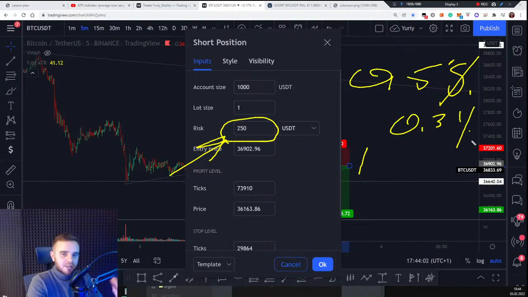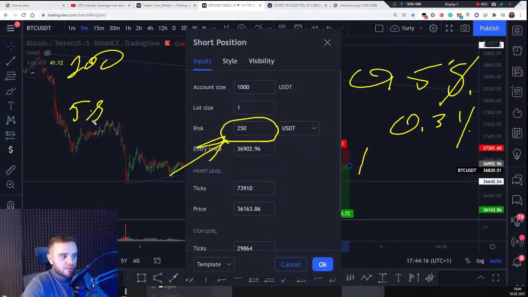But for beginners it's different, because if you have only 1,000 and you take, for example, $5 risk per trade, it would be 2.5% of your account, and it's quite big. 5 stop losses and you lost more than 10%.